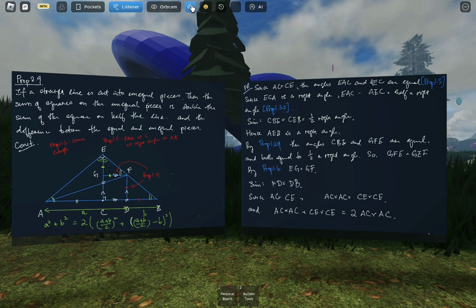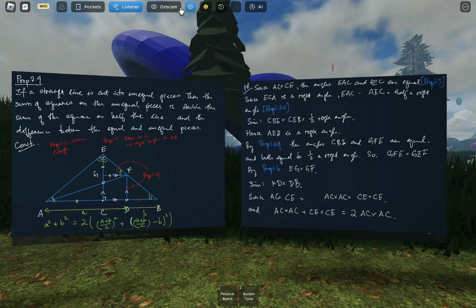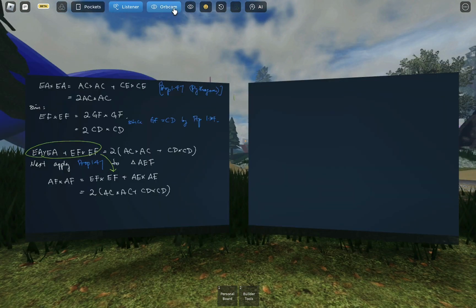And this is actually what we just wrote down. So this is equal to 2 times AC cross AC plus CD cross CD. And of course, now we have the other right angle triangle.